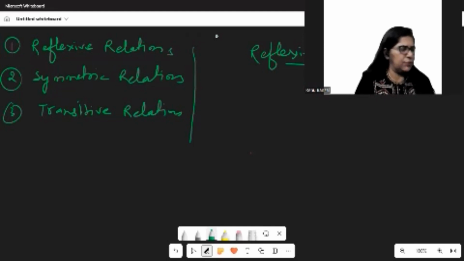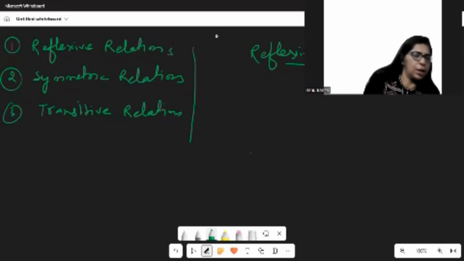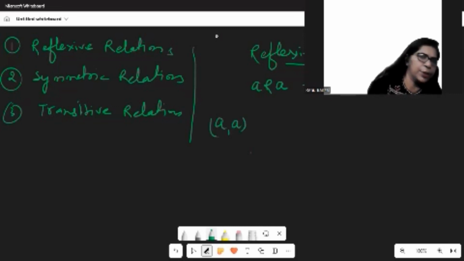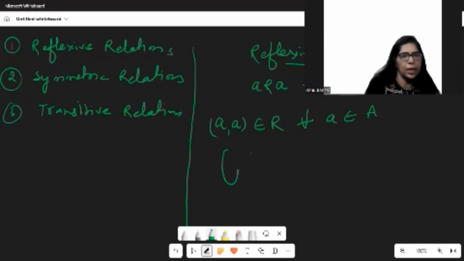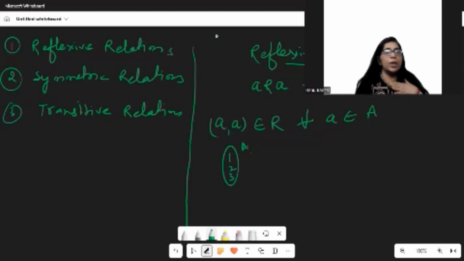What is reflexive relation? So, a relation on a set A is said to be reflexive if a relates to a, for all a belonging to A. That means I have all (a, a) over there belonging to R for all a belonging to A. That means beta, in this, if I have a set A, 1, 2, 3, in A cross A I can have 9 elements.